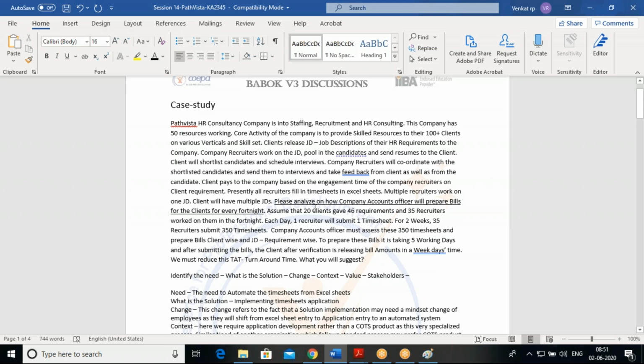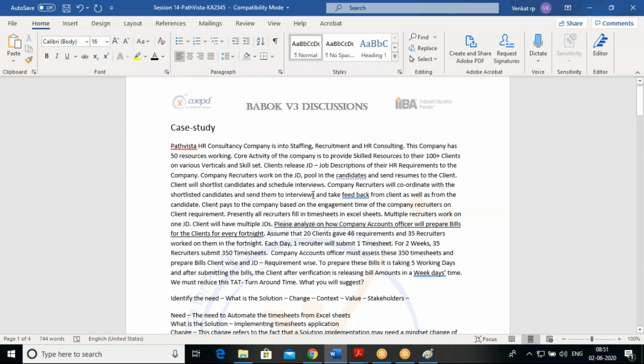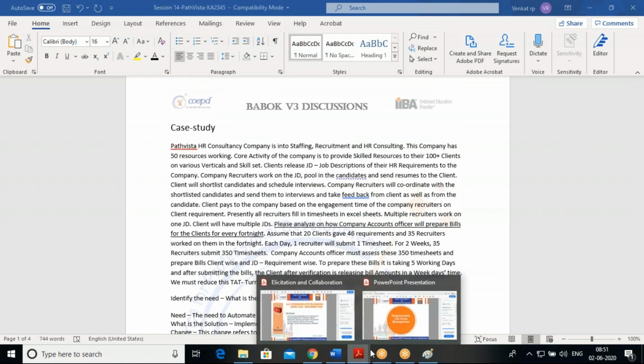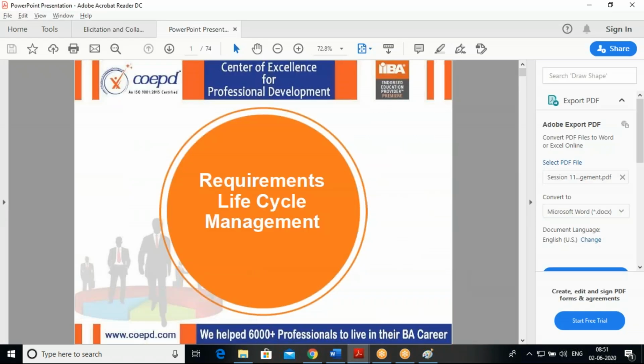That is what we started the discussion with, and I assume we have covered the knowledge area, illustration and collaboration. Now let's start the next knowledge area, requirements lifecycle management.